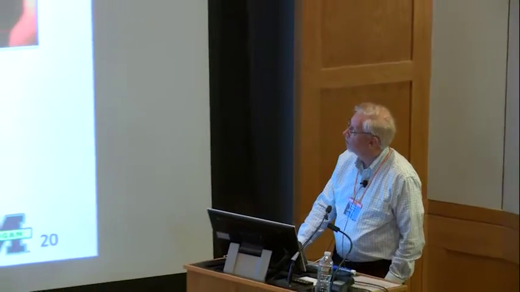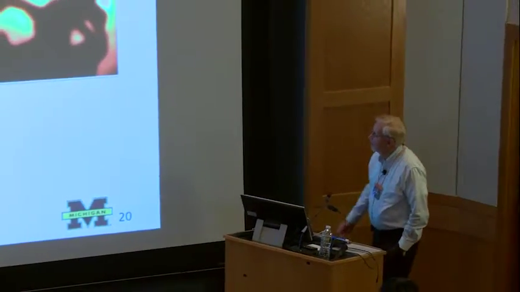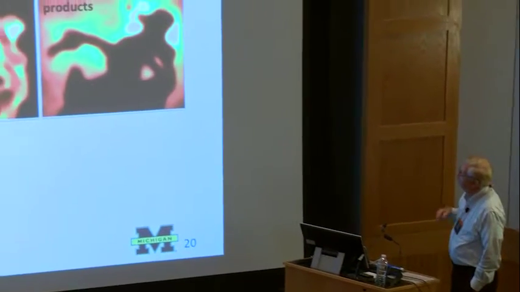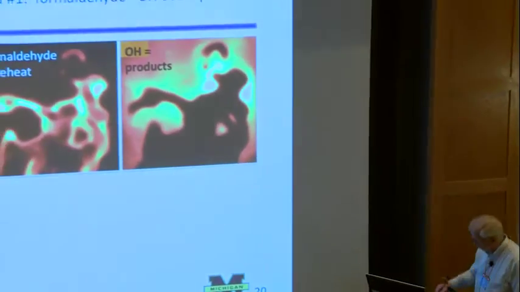So what my students did on this project is, here's a very turbulent flame, this is a Bunsen flame, and they imaged formaldehyde and they imaged OH. And you can see that the image on the left sort of fits inside the image on the right.